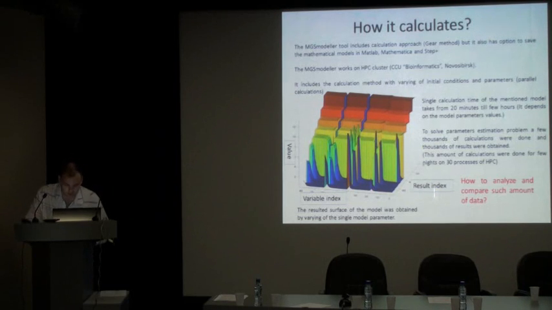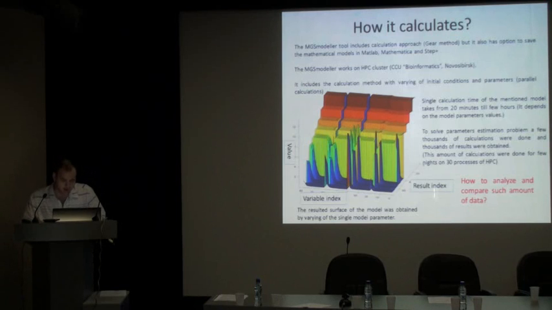As I said, the MGSmodeller tool includes a calculation routine, the GIR method, but it also has the option to save the mathematical model in MATLAB and mathematical step-list formats for testing and for sharing these models.